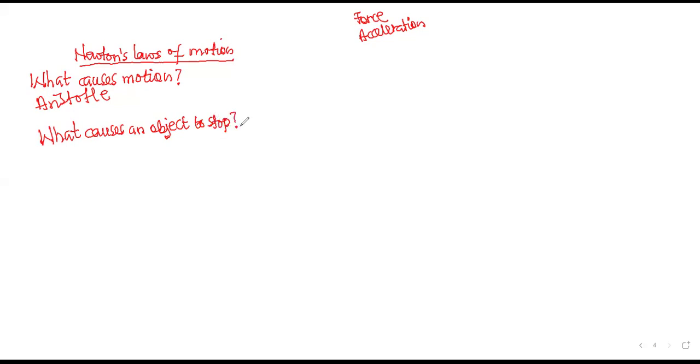What causes an object to stop being in motion? Yes, Gideon. That is friction. Friction. Giovanni. An external force.